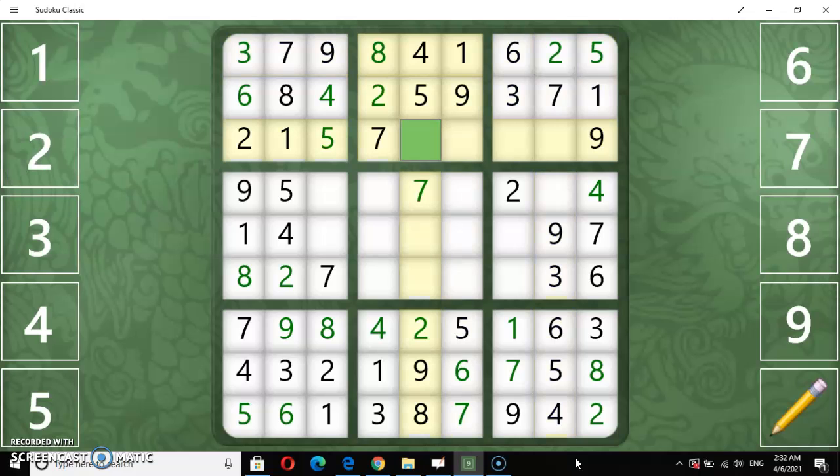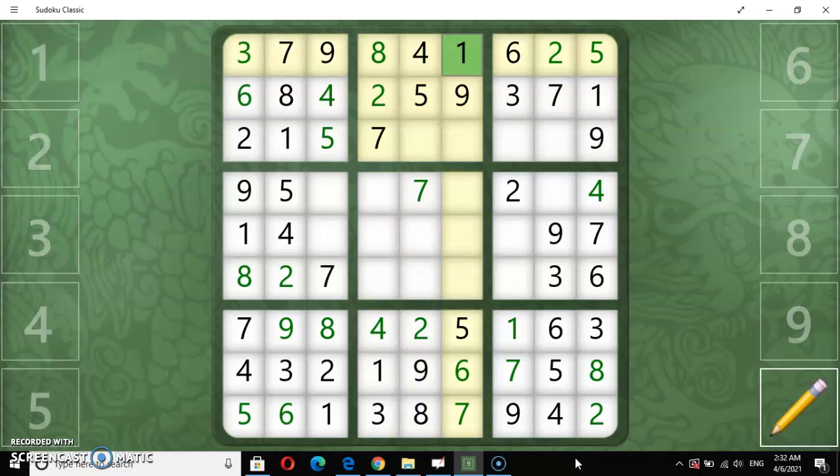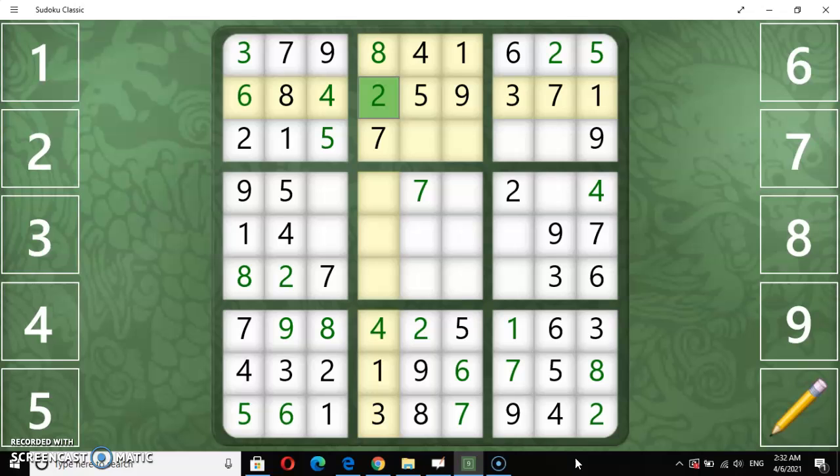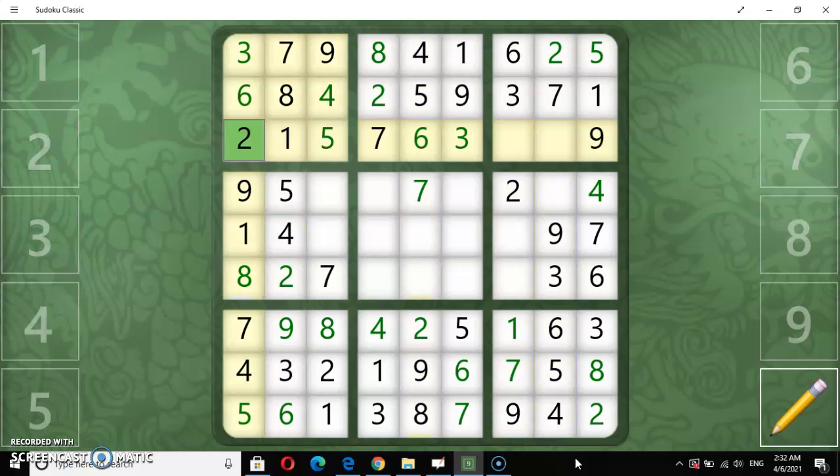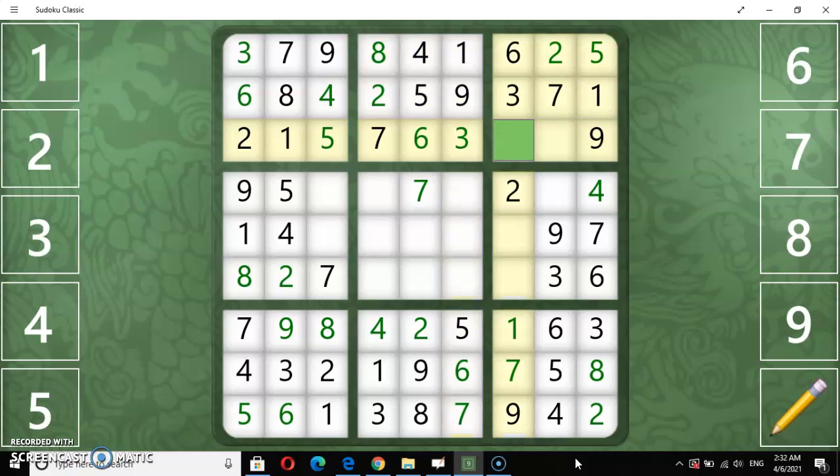Okay, now here we have two cells. In this block we have two cells, 1 2, we don't have 3 and 6. I cannot write 6 here because I have 6, so it must be 3, and here is 6. Then only two blocks here, 1 2 3, we don't have 4 and we don't have 8.